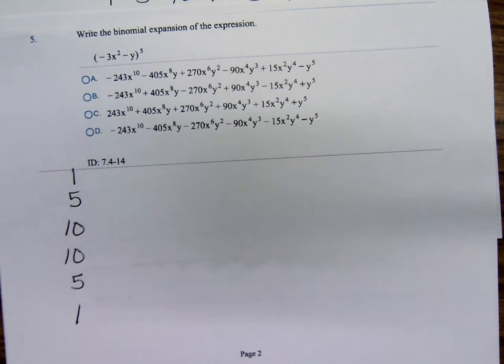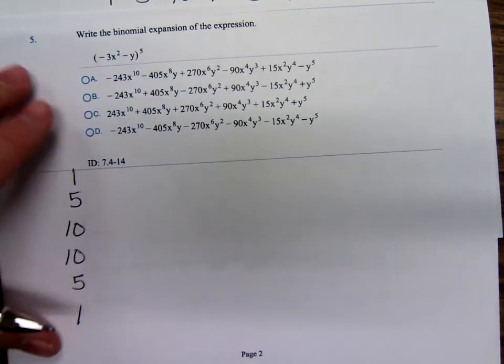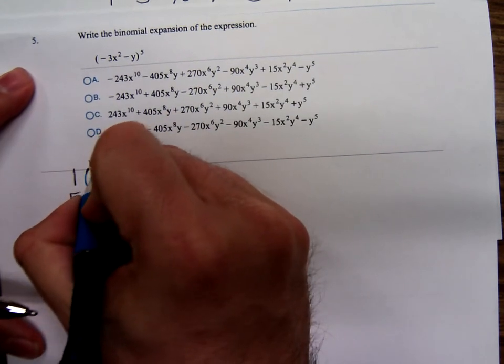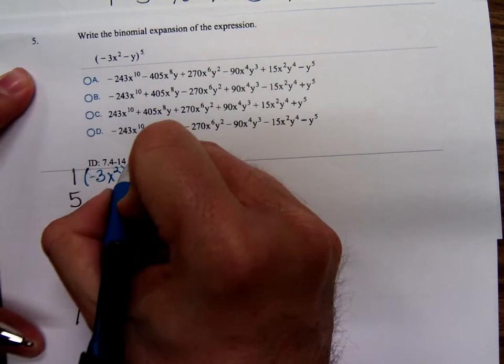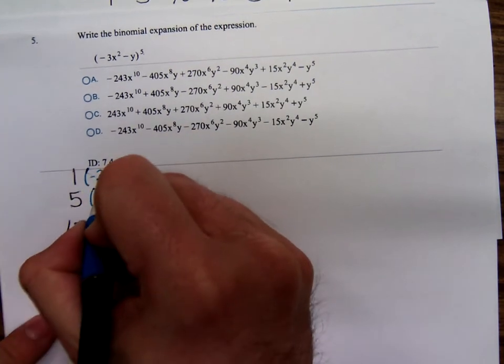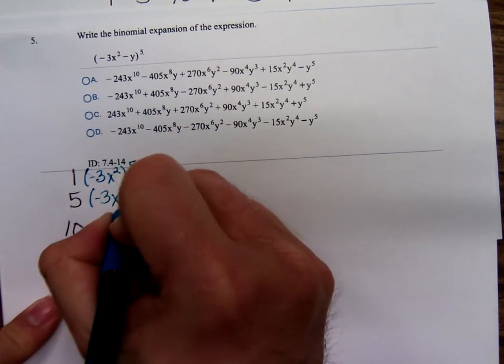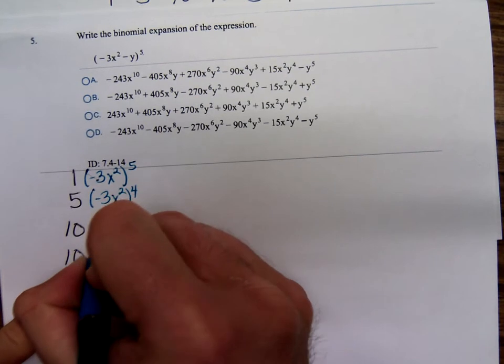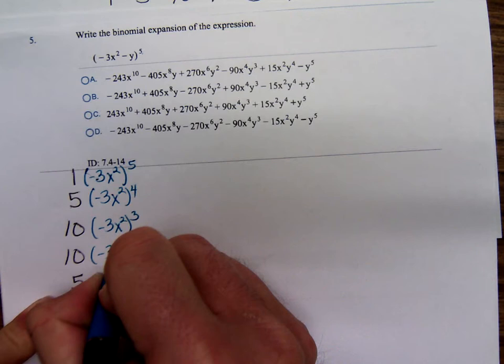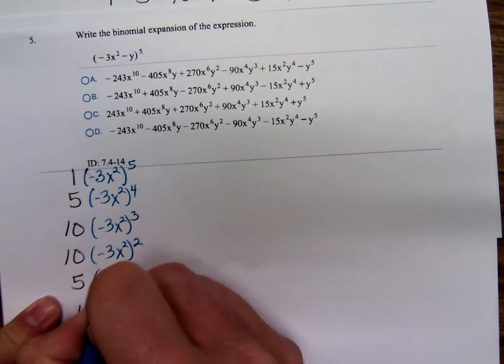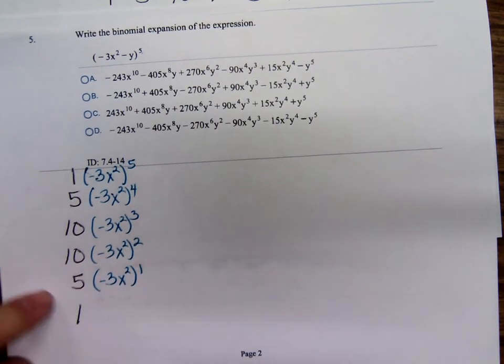Then we'll take that first term. This is going to be a little messy. That first term is a negative 3x squared. Raise it to that 5th power and start decreasing the exponent. 5, 4, 3, 2, 1.